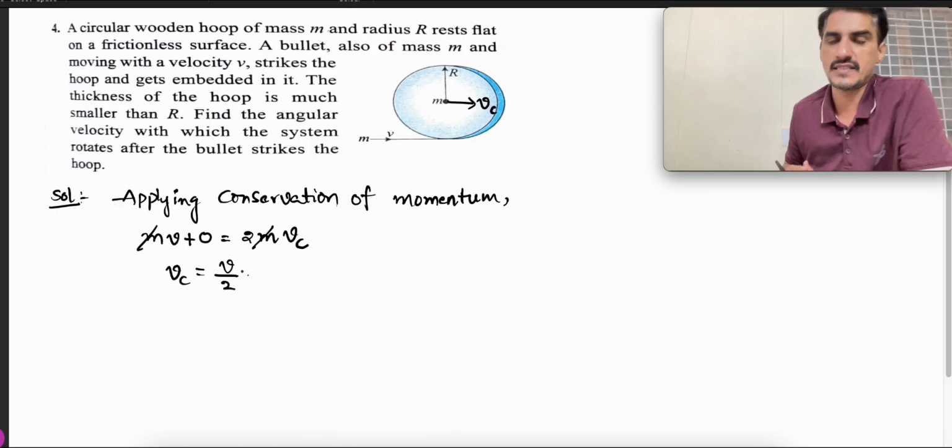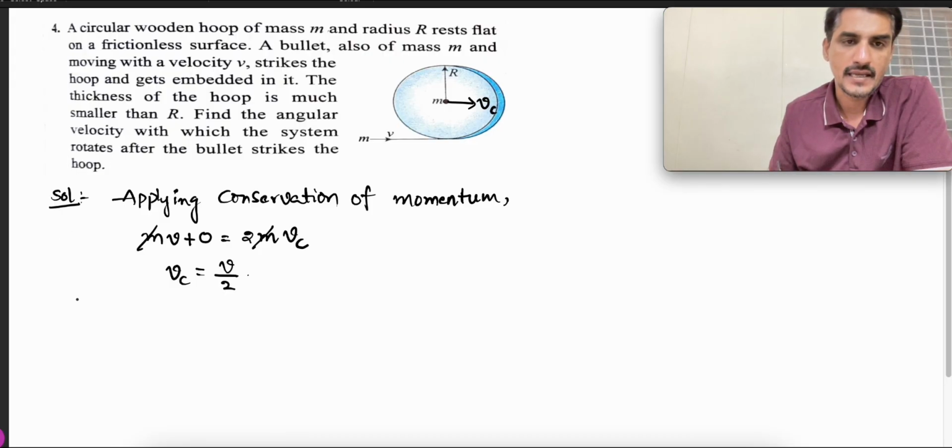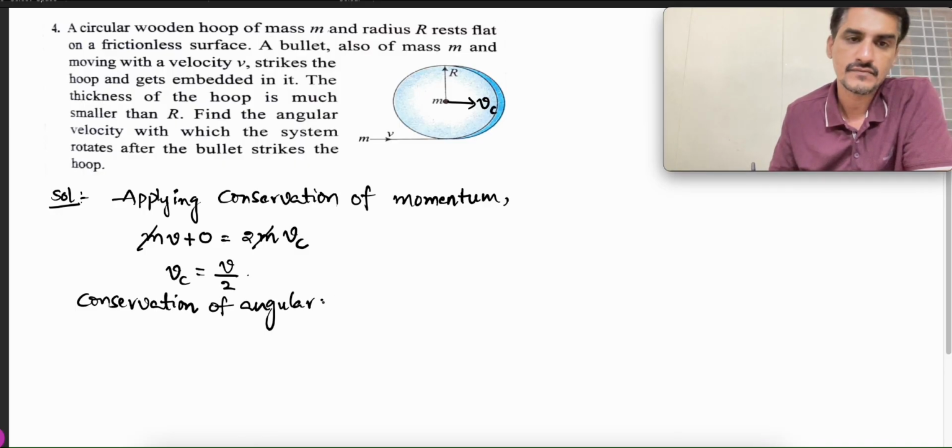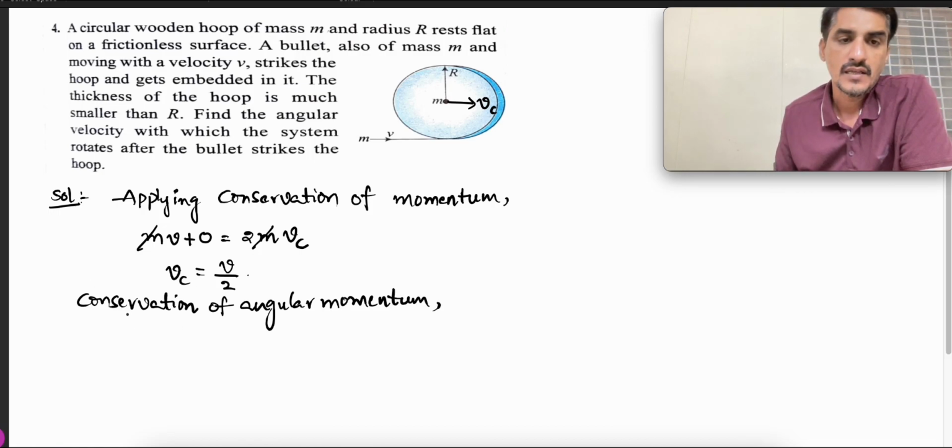Now we have got that vc value, velocity of center of mass. Now let us apply conservation of angular momentum. See, first the particle is hitting at a distance capital R, right?